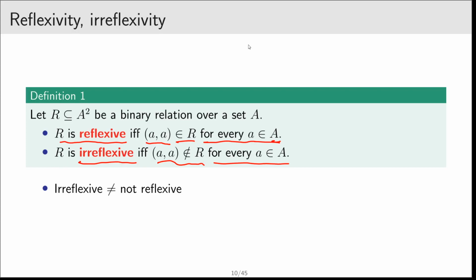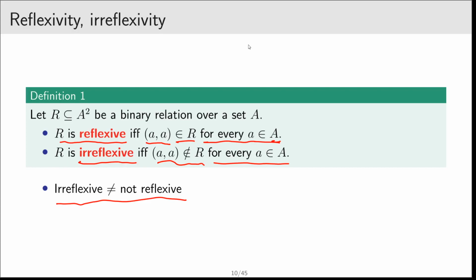Notice that irreflexive is not the same as not reflexive, because irreflexive means that an element of the set cannot be related to itself, whereas a relation is already not reflexive when just one element of the set is not related to itself. So this is the difference: to be irreflexive, you must have all elements of A not related to themselves.